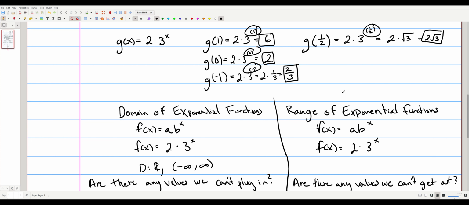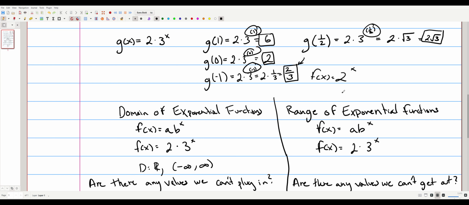Not only are you not able to get negative numbers out, you're also not able to get 0 out. Let's simplify this really quickly. If f of x is equal to 2 to the x power, no matter what power you plug in here, if you plug a negative number, you're going to get a fraction out, just like we did here.